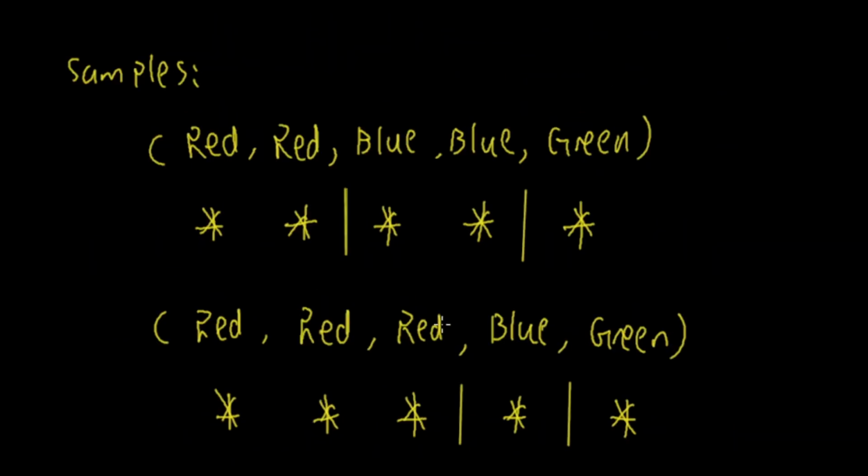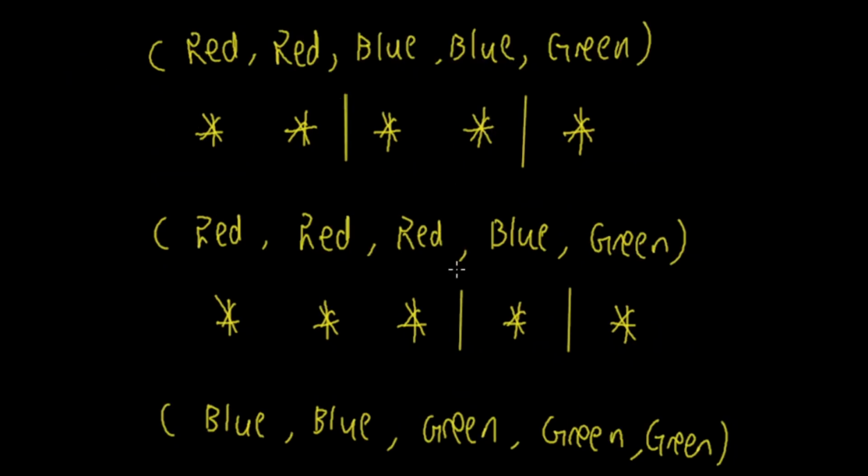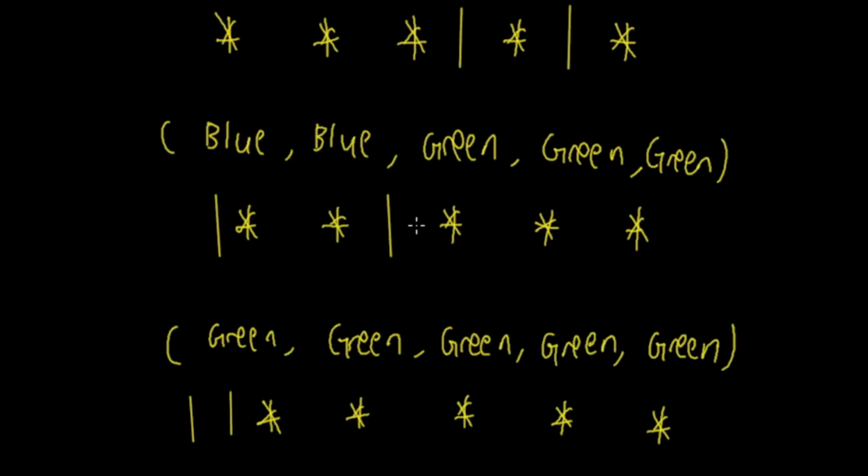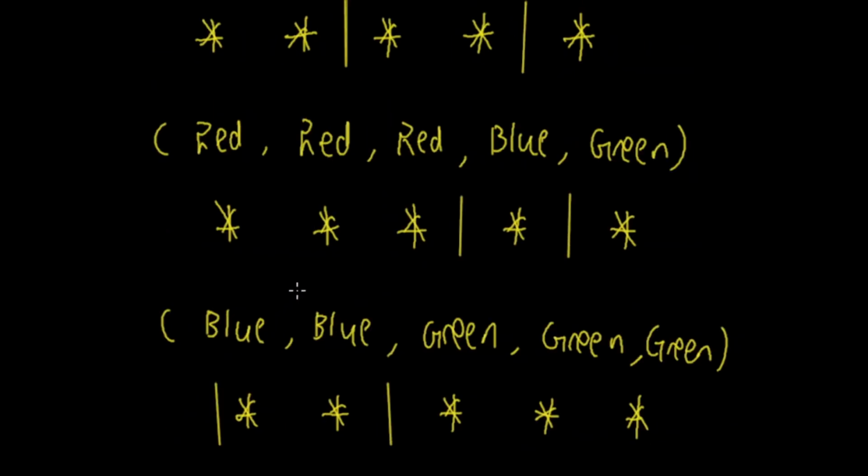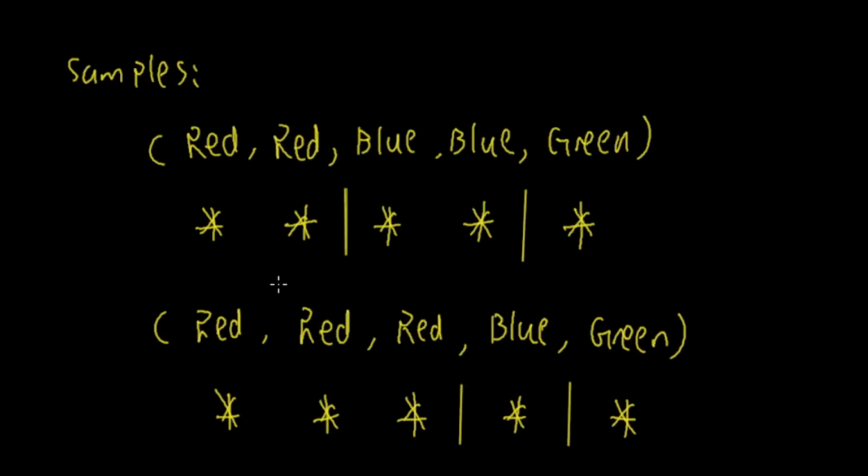What do you notice here? Every sample has 2 bars, because you have 3 categories. If you want to separate 3 categories, you need exactly 2 bars.